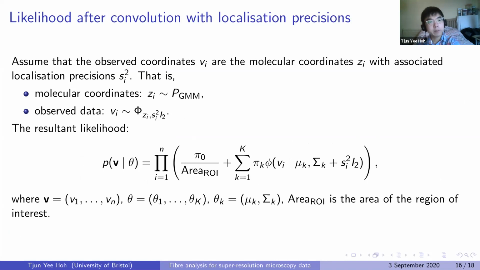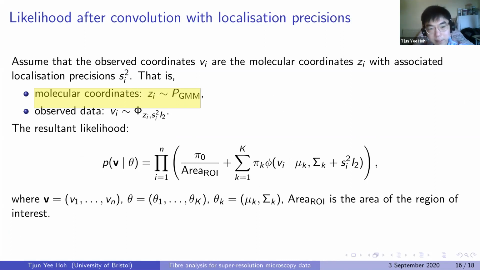Okay, and now I'll be moving back to the fact that each 2D coordinate has an associated localization precision. That is, each observed point has error involved with it. So at first, we had assumed that the true molecular coordinates come from the surrogate model.